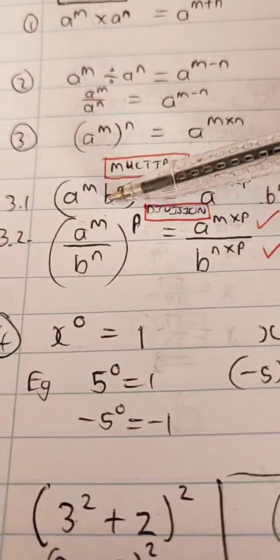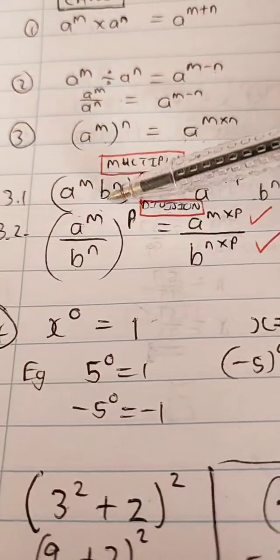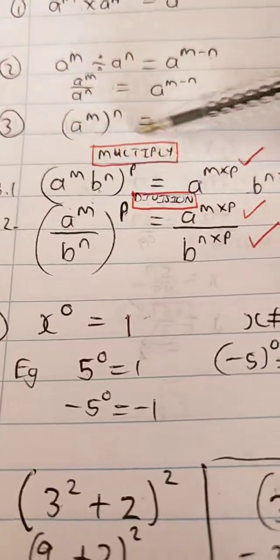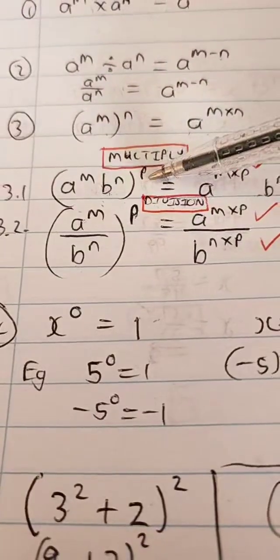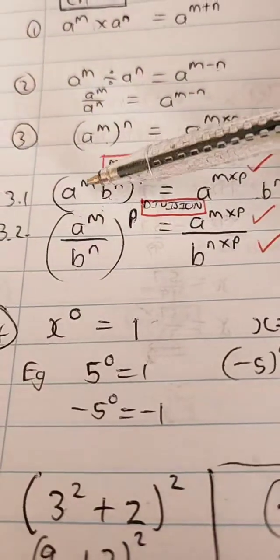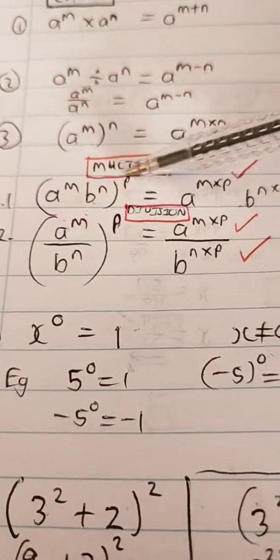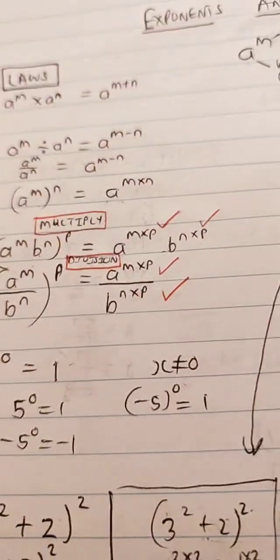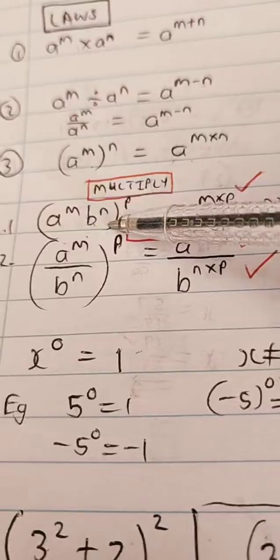The relationship between a to the power m and b to the power n is one of multiplication. So with law number 3, you can apply the exponent: a to the power m times p, b to the power n times p. That is allowed where the relationship between the bases is multiplication.